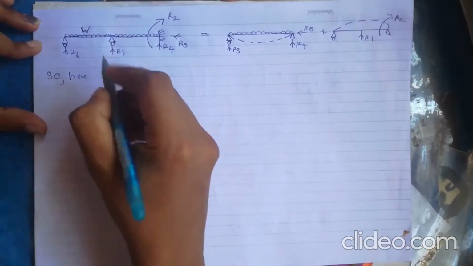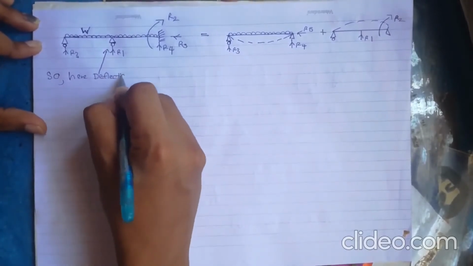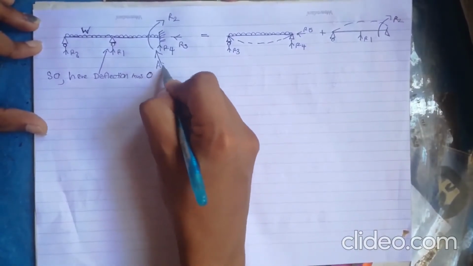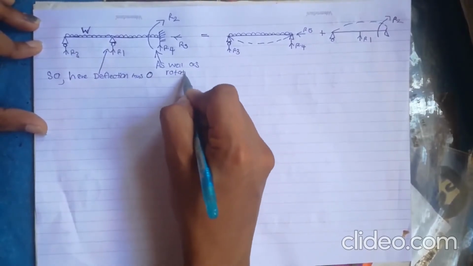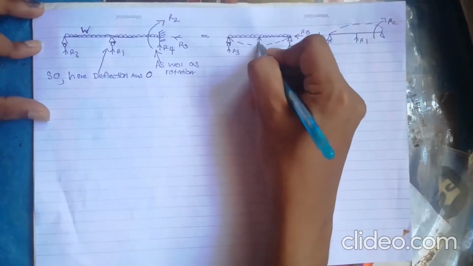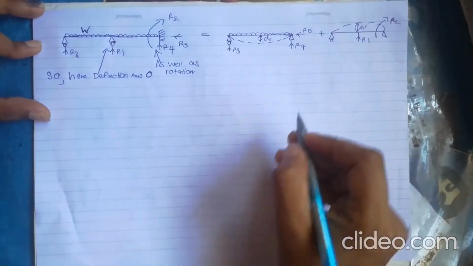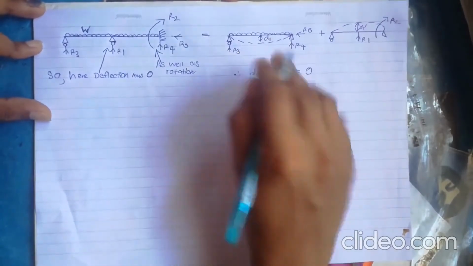Now, we can write compatibility equations. In the first diagram, at coordinates 1 and 2, deflections must be 0. So, from the right side also it must be correct.